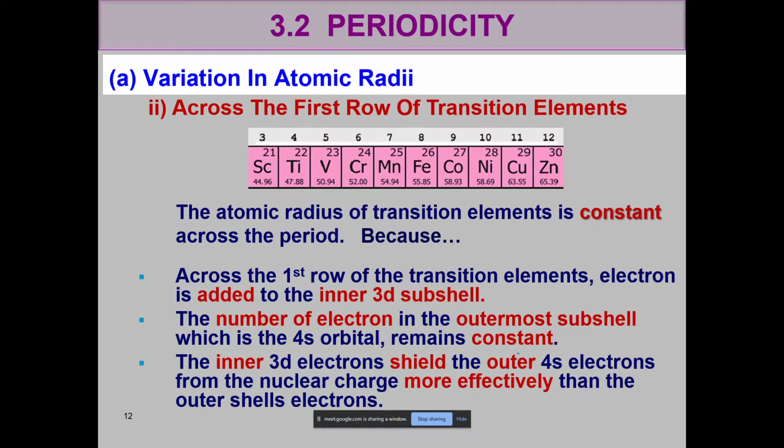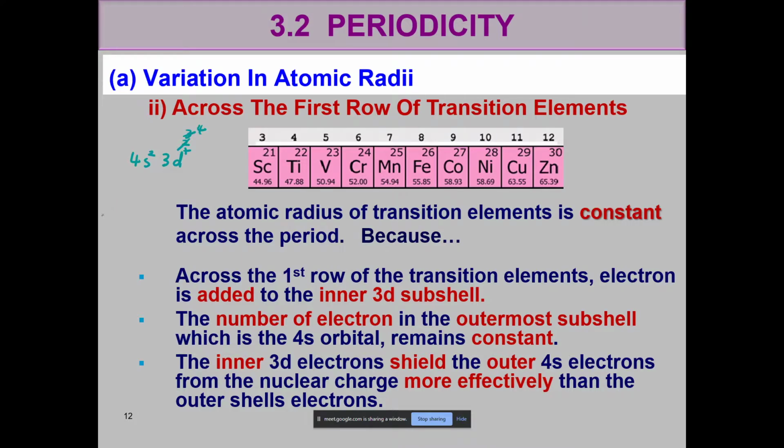Banyak-banyak ayat ni, it just trying to say that when kita isi the electron on transition elements, kita isi ke 4s, okay, habis dah isi 4s, kita keep isi dekat 3d 1 and then kita buat 3d 2 and then 3 and then 4.